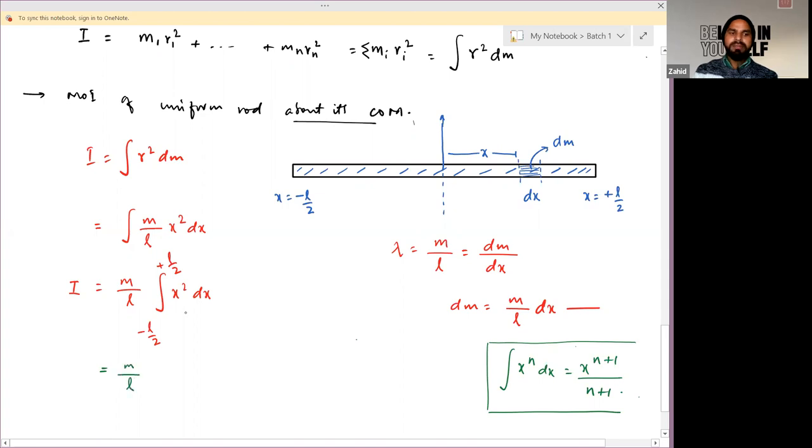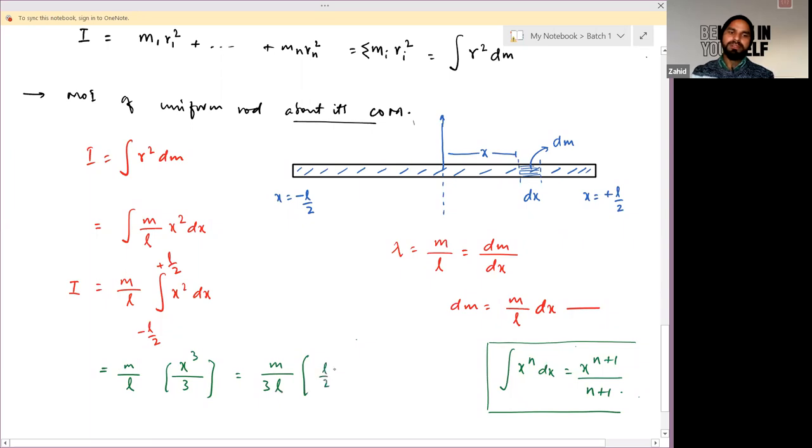We have m divided by L, and x raised to the power 2. If you integrate it, you'll get x raised to the power 3 divided by 3, with limits from minus L by 2 to plus L by 2. Take 3 as a constant and take it outside. So you're left with m by 3L times x cube.